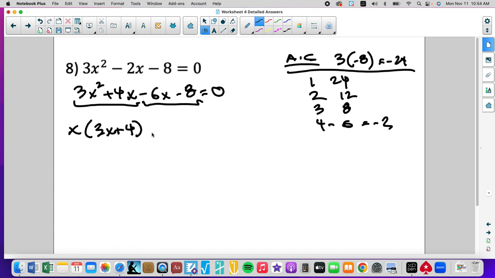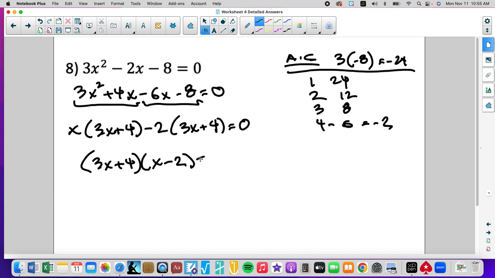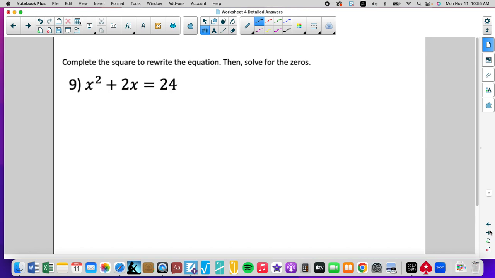First term is negative. Let's factor out a -2. We get 3x plus 4 equals 0. I did it correctly. I'm going to pull out that 3x plus 4, and I'm left with x minus 2 equals 0. That's going to be x is going to equal negative 4/3, and x is going to equal 2. Negative 4/3, 2. And if you can do this quickly, you know that you're in the right place.